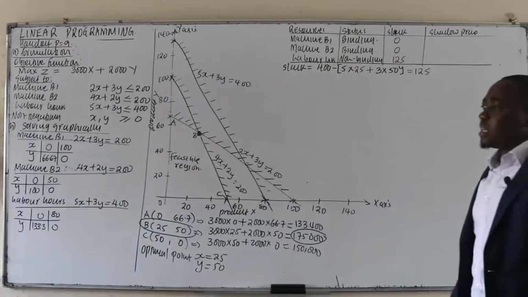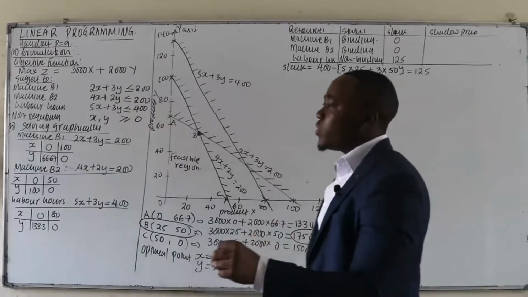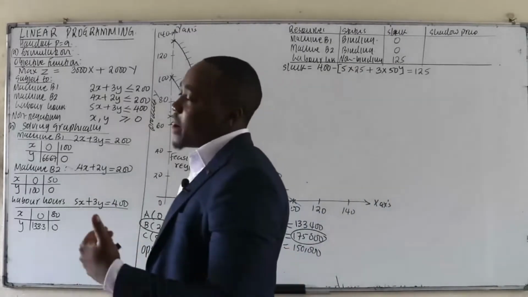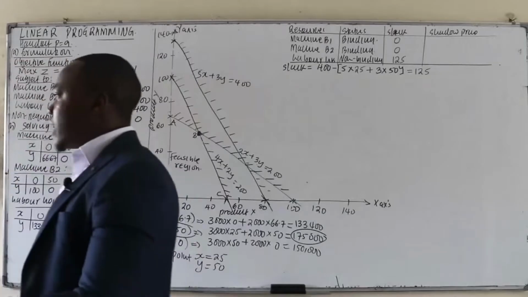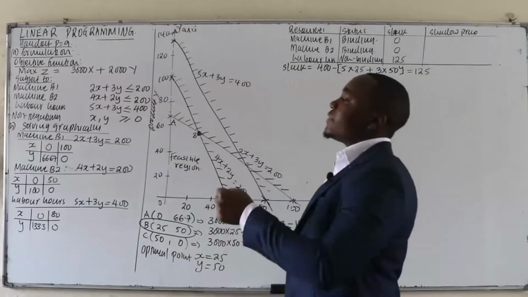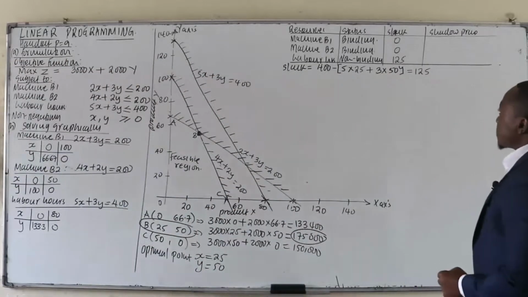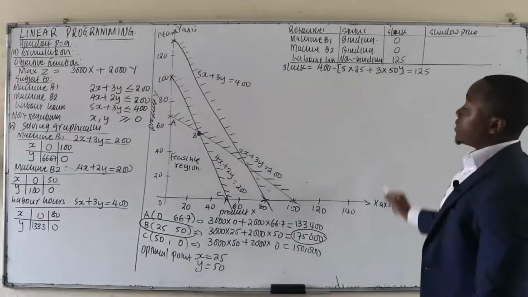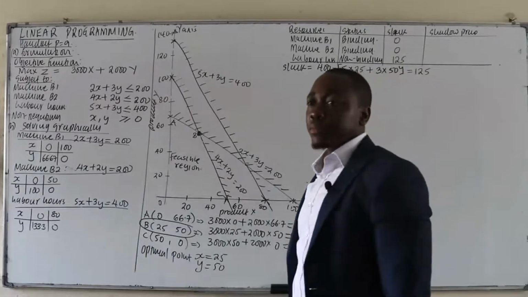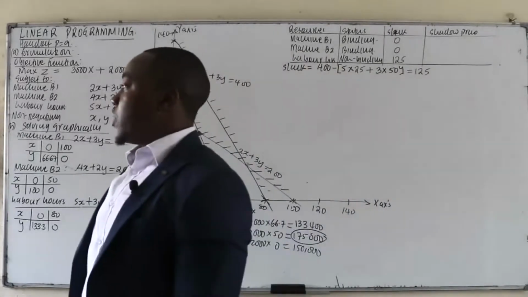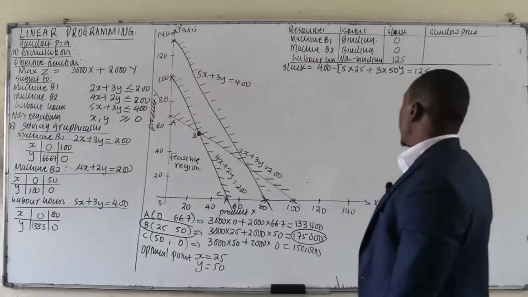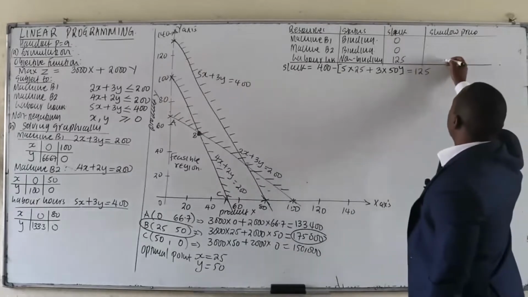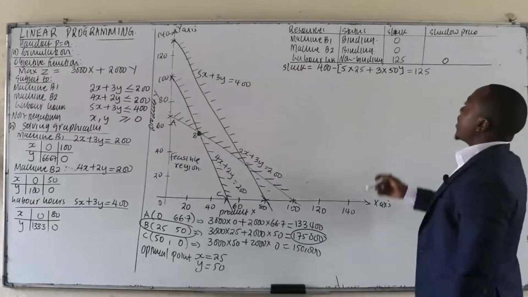And then lastly, we look at the shadow price. What is shadow price? This is the profit increase if we produce an extra unit, or the maximum price paid to acquire an extra unit, or maximum loss suffered for acquiring an extra unit. Can you go back to where you defined the shadow price? For a non-binding resource with slack, shadow price is always equal to 0, because we already have a surplus.